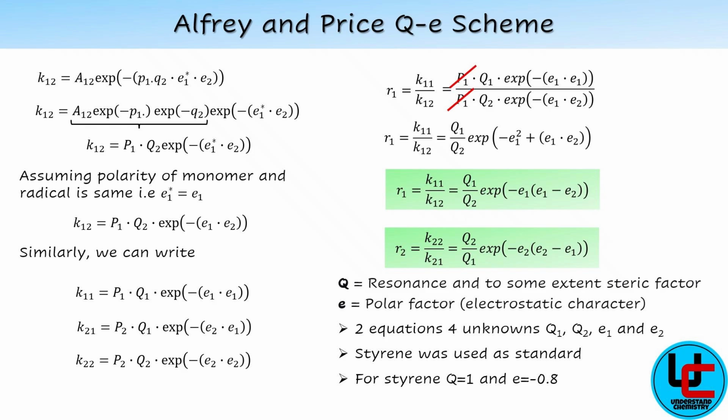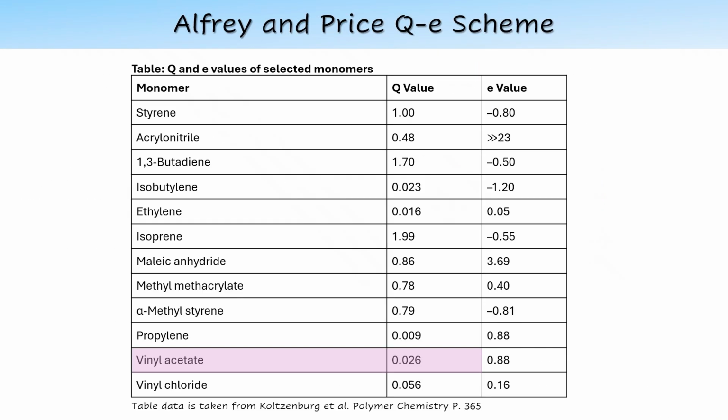Styrene was chosen as the reference because its radical is moderately reactive and sits near the center of typical monomer behavior. It has a balanced resonance Q and low polarity E, making it a stable baseline for comparison. With that anchor, we can determine Q and E for any other monomer.